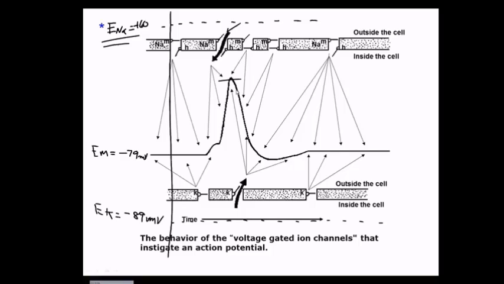Okay? And the potassium voltage-gated channel opens right there as well. So there's two reasons why these action potentials are all or none, and the height of the action potential is the same no matter what. The sodium voltage-gated channel closes, and the potassium voltage-gated channel opens. So it's all or none. The amplitude does not change. Does that make sense? Okay.